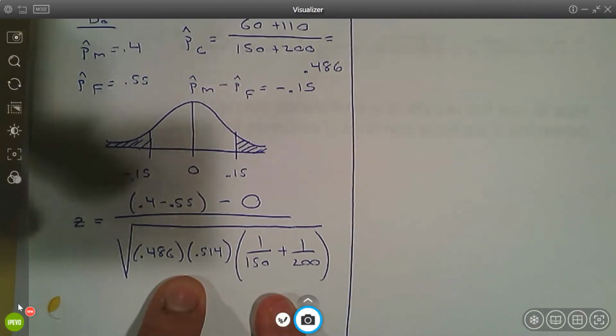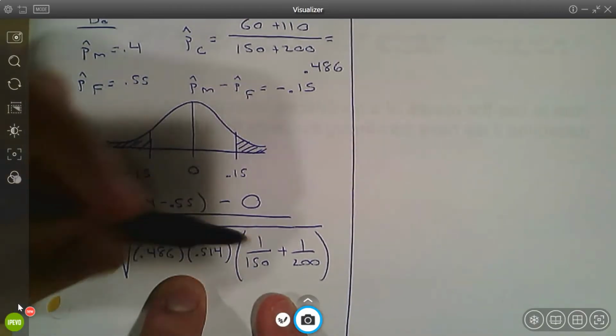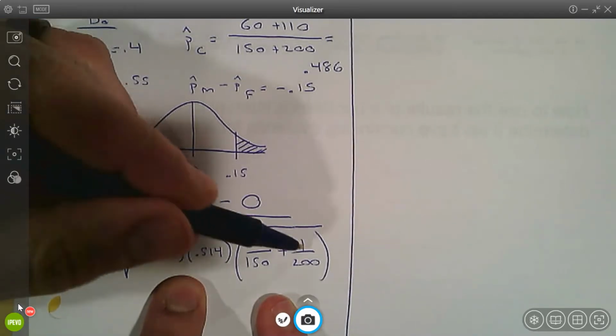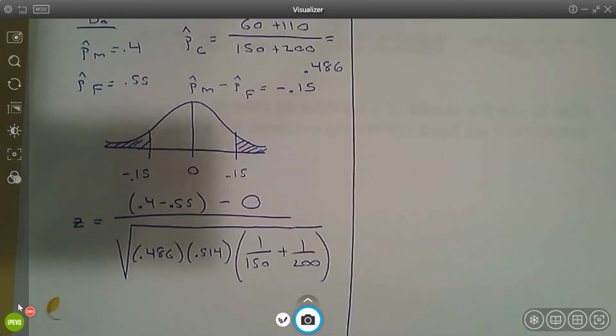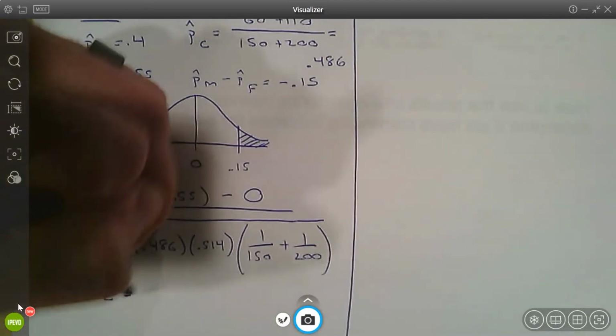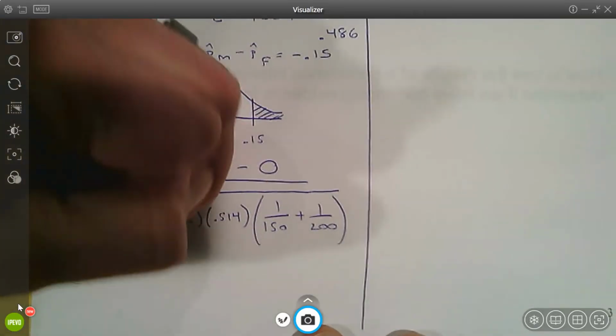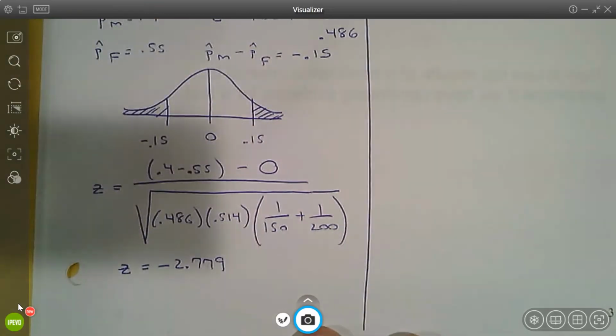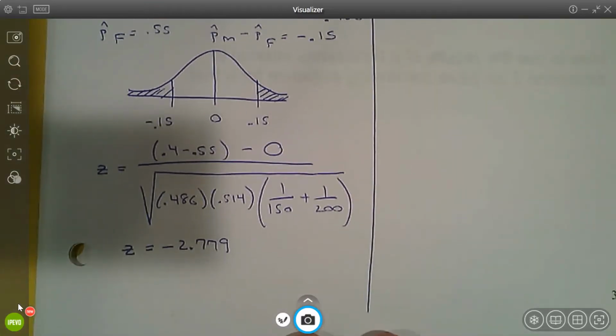Essentially, this is the same formula with just each numerator being 0.486, 0.514. It's just a different way of writing it. I plug this into my calculator to get my test statistic. In this case, my test statistic is about 2.779 or negative 2.78.